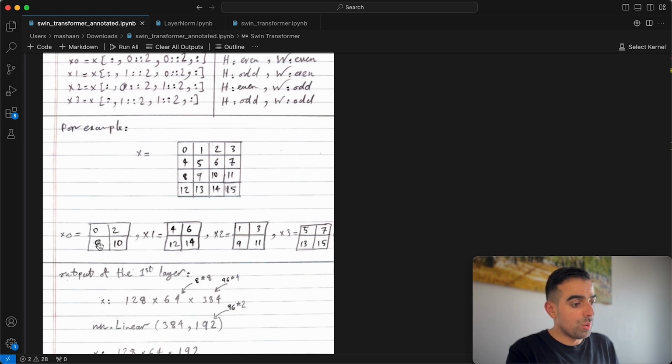X0 will be 0, 2, 8, 10. And X1 will be 4, 6, 12, 14. X2 will be 1, 3, 9, 11. And X3 will be 5, 7, 13, 15.